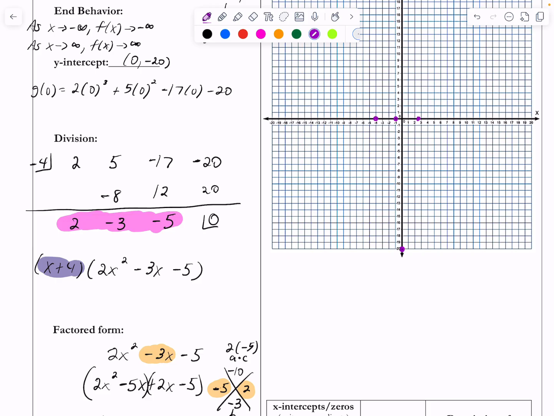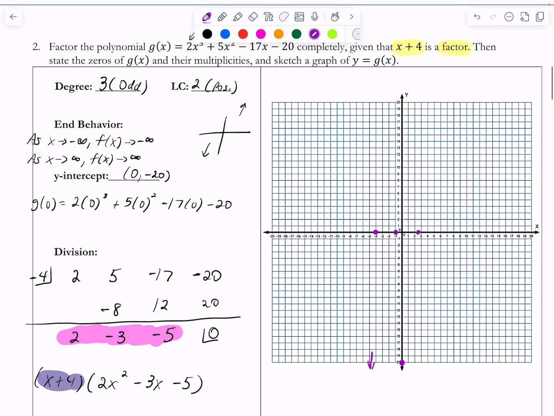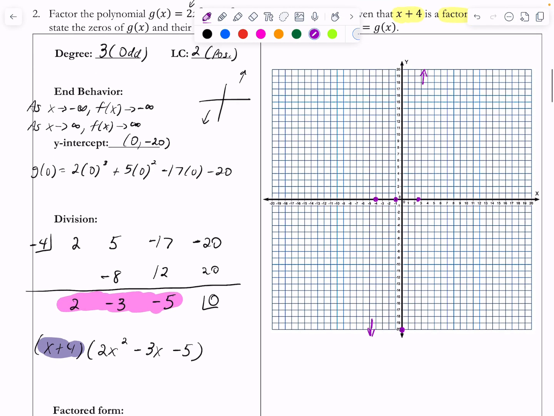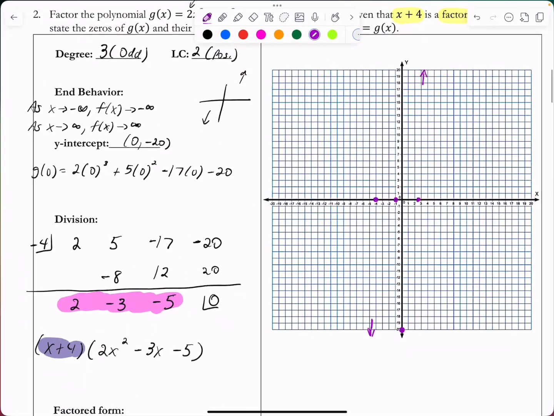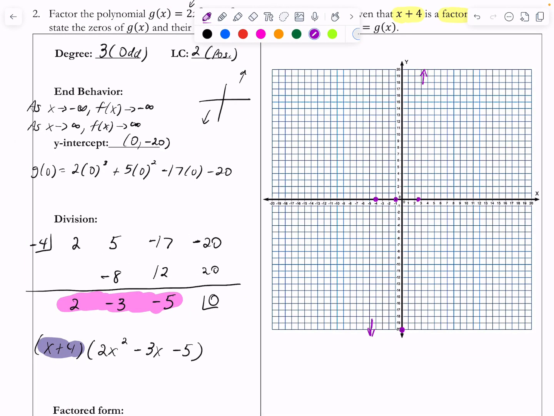So again, with my end behavior, I'm going to start at the bottom left and finish the top right. Okay, any other points? Let's see. I see -2 and +2, -2 is +18 and +2 is -18. So I'll plot those. So -2, 18. So way up here. And then +2, -18 down here.